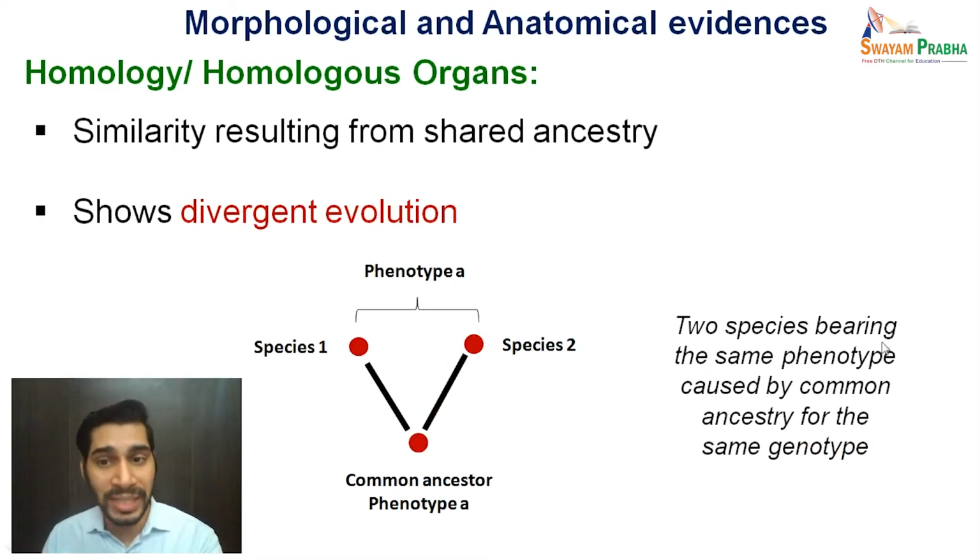So these two species bearing the same phenotype is because of the common ancestry for the same genotype, but they do perform different functions, and hence if you see from the common ancestral point of view, they diverged to different species through the process of evolution, and hence they are called as divergent evolution.